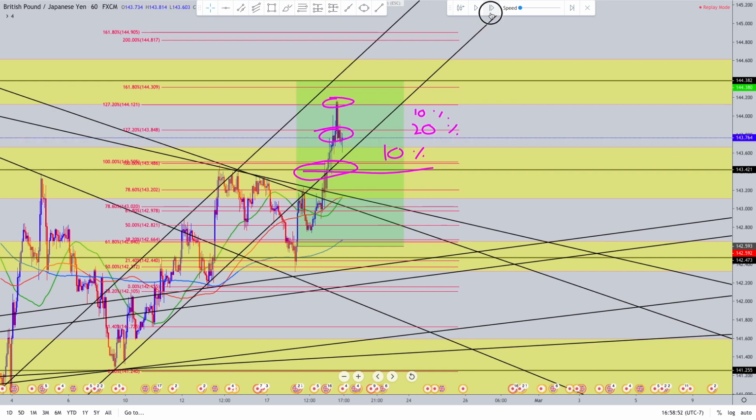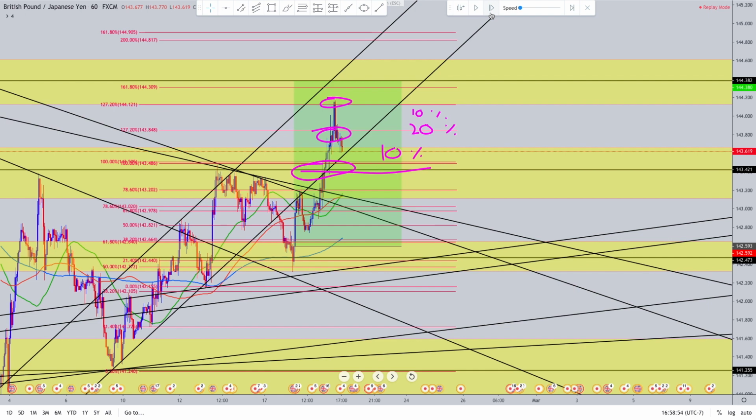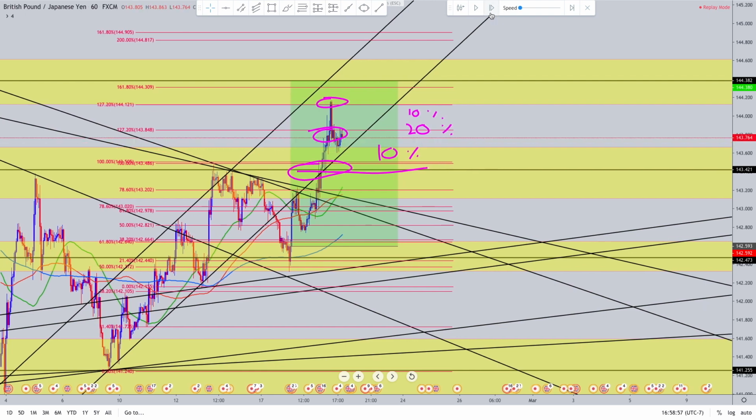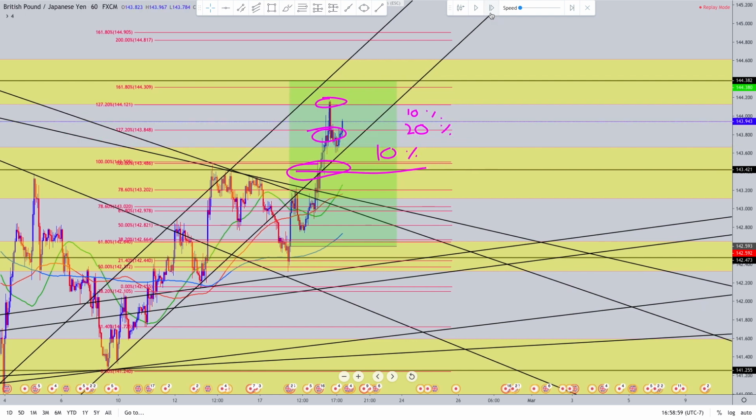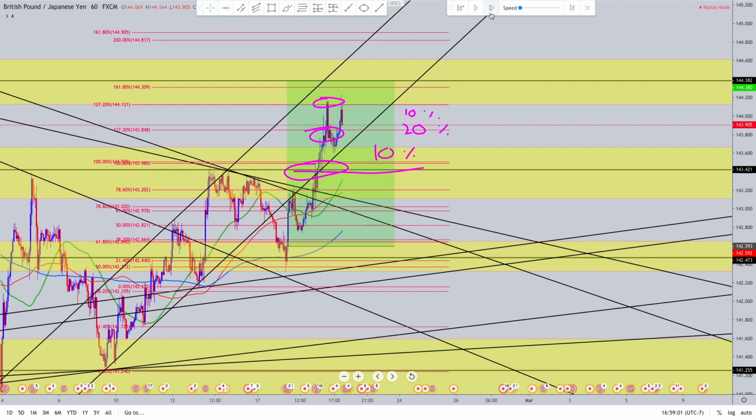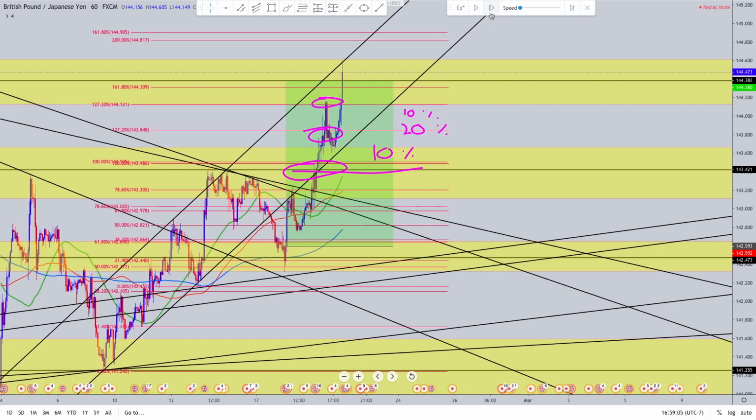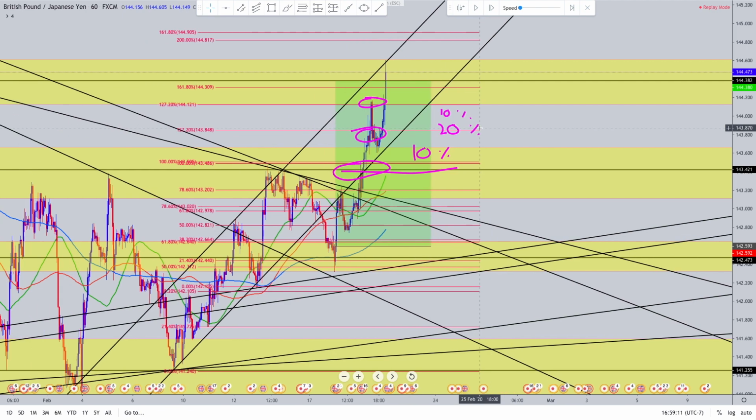All right. Well, we might get stopped out. Let's see. All right, looks like we might hit TP, and TP is hit for a nice 180 pips roughly.